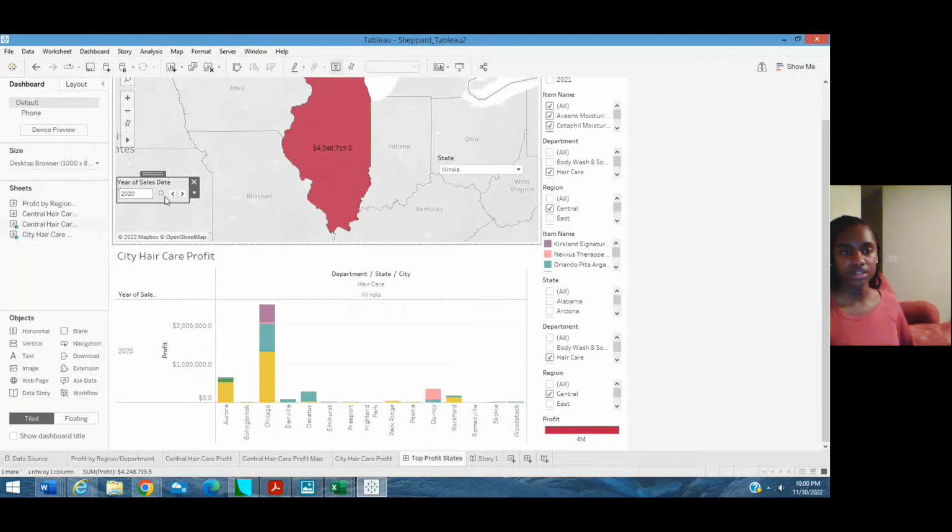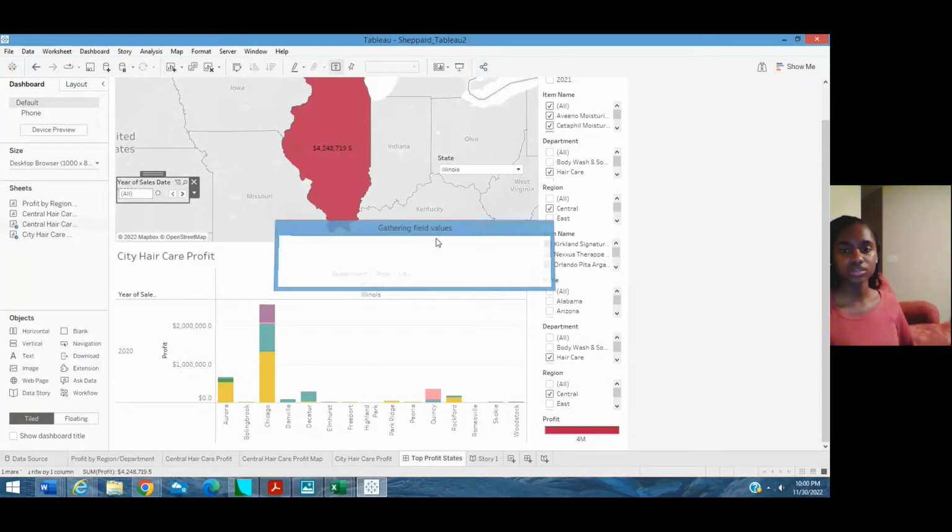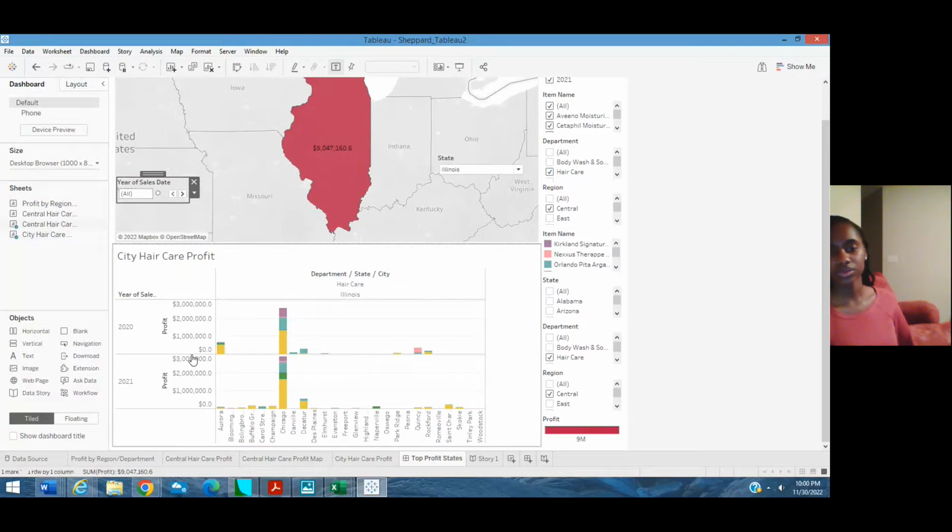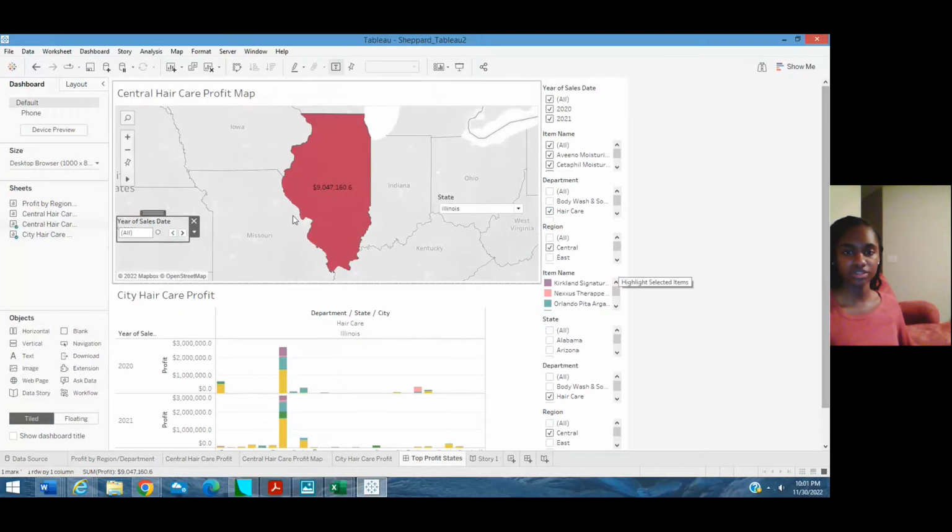So let's look at that. Let's do all. And we see here we have the profit in the cities of Illinois from 2020 to 2021. And as you can see up here, the profit changed because now it's both years instead of one.